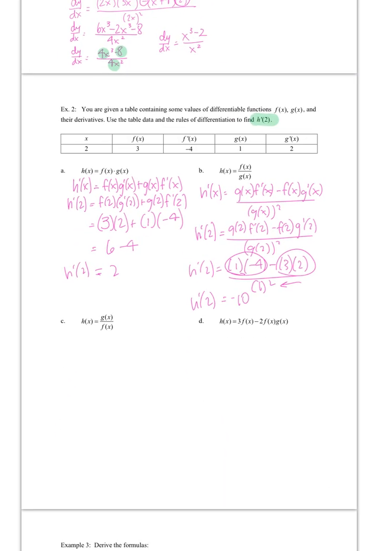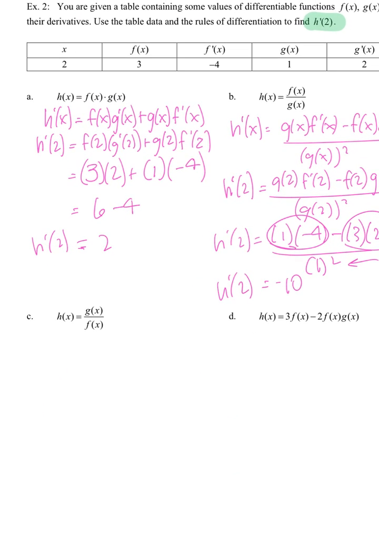Okay, let's keep going. All right, so this one is not going to be the same answer because check out my numerator and my denominator are different, right? So let me write up the rule. Here we go. It is low D high minus high D low, square the bottom, and away we go.